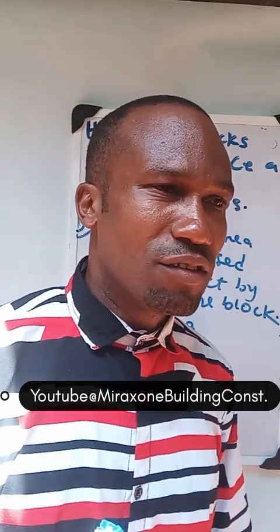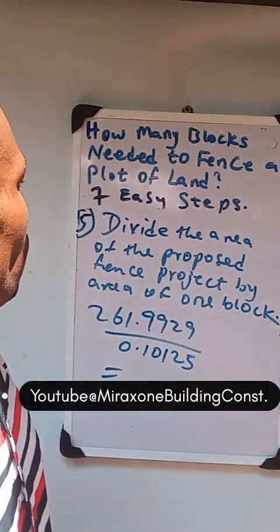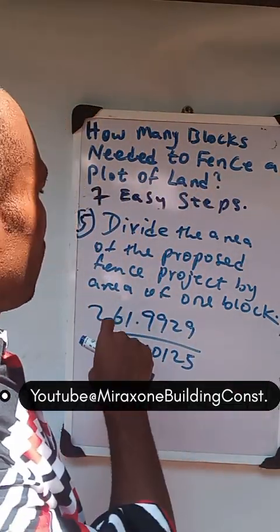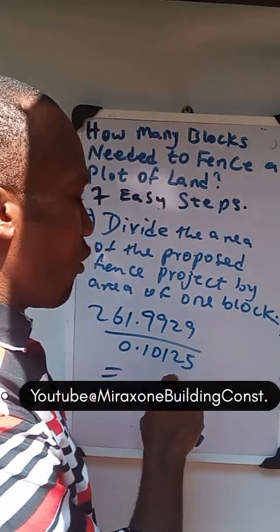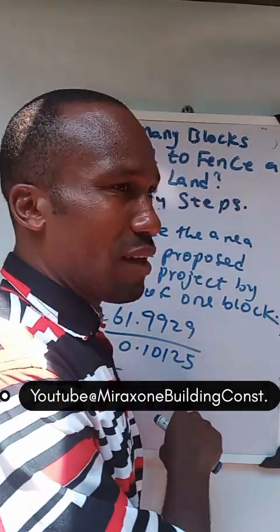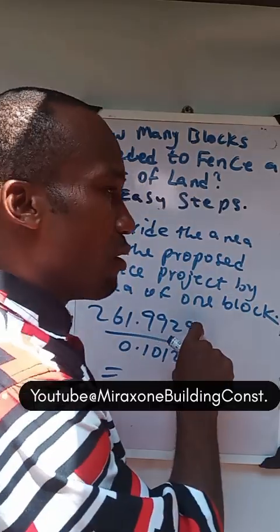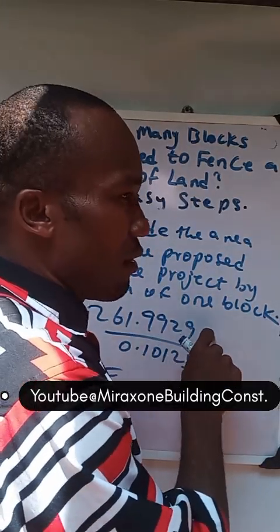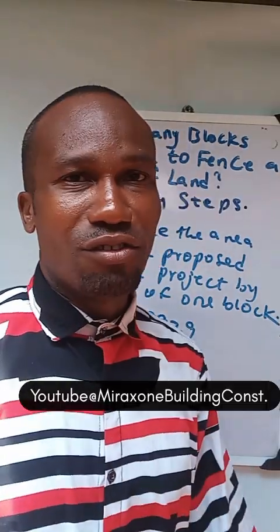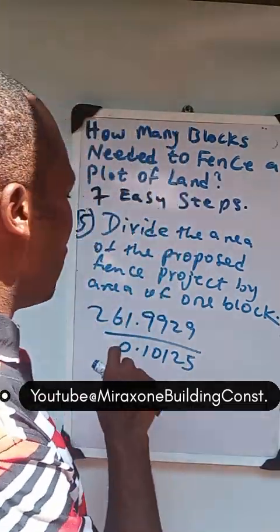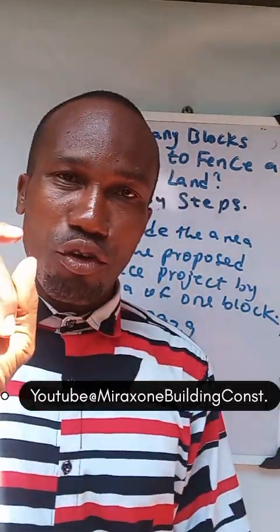Okay, so I said initially that we have gotten the area of the proposed fence. Okay, this is the area of one block in meter square. Area of the proposed fence area in meter square. Okay, so I'm just saying all these things so that you will understand it. Then you divide it by that of one block.